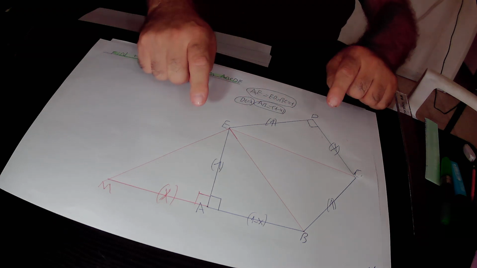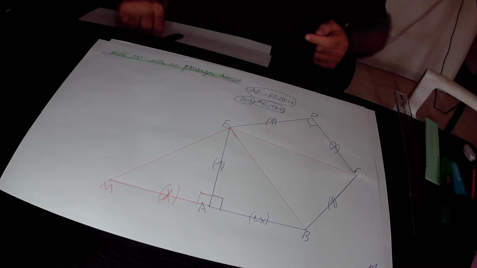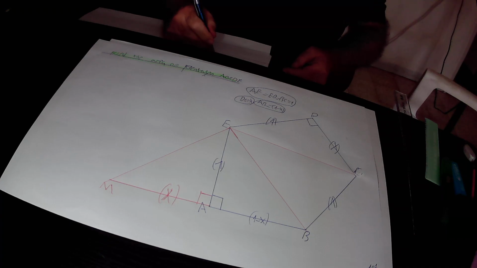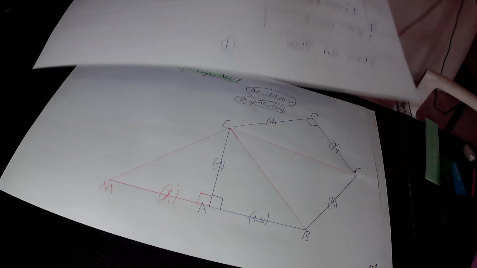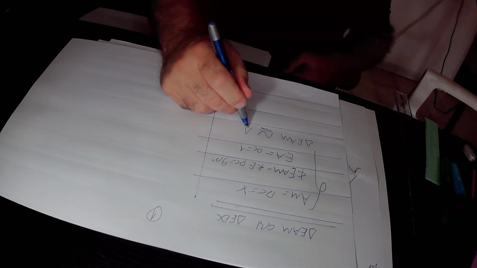And therefore those two right triangles are congruent according to the side angle side rule. So triangle EAM is congruent to triangle EDC.